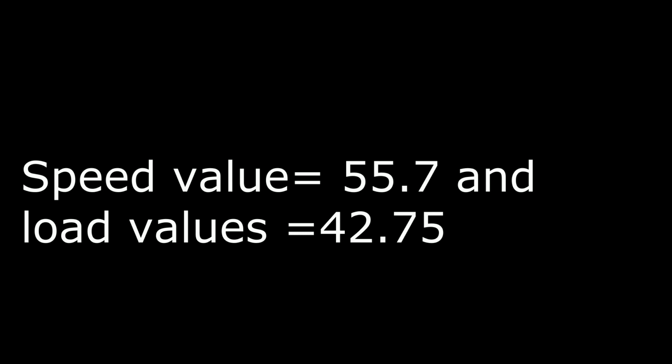For load equals 42.7, you can observe that the vertical line will cut the load graph at small equals 0.30 and at medium equals 0.75. Before giving you a hint, let me tell you that when you are working on any attribute, always look for a value in the FEM table. Say, if the speed is medium and the load is small, then what is the value in the FEM table?